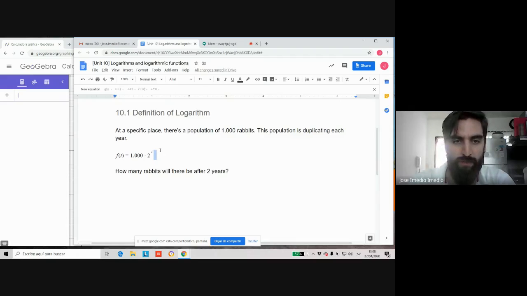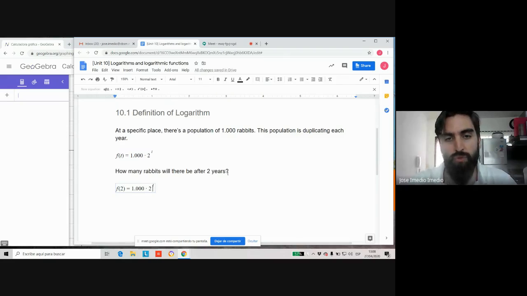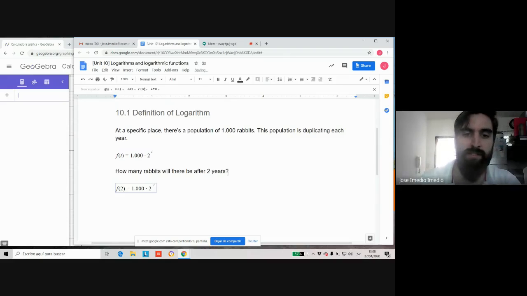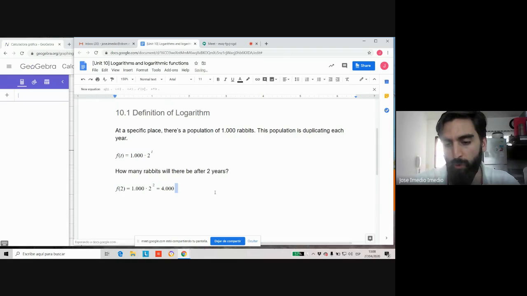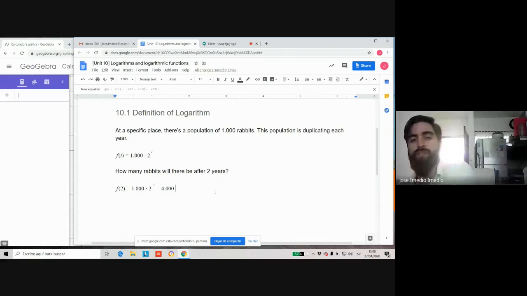Easy, you know how to do this one, right? The value of time is 2, so I replace t with 2, and I have 1000 times 2 squared, which is 4, so this is going to be 4000. After 2 years, I have 4000 rabbits.